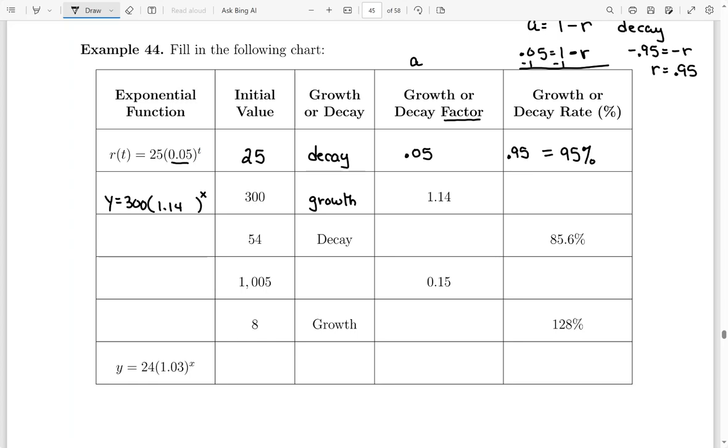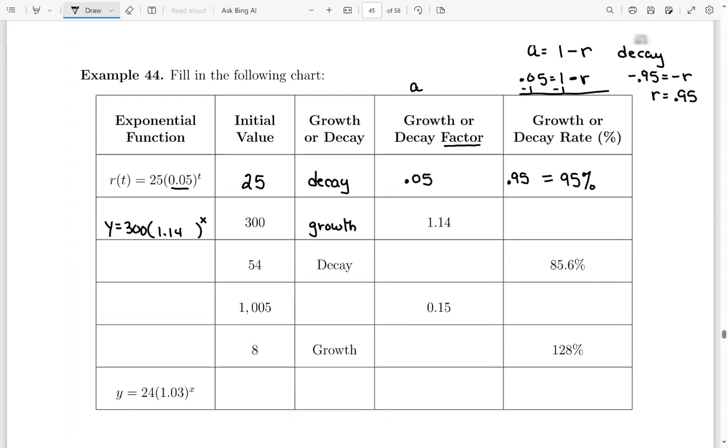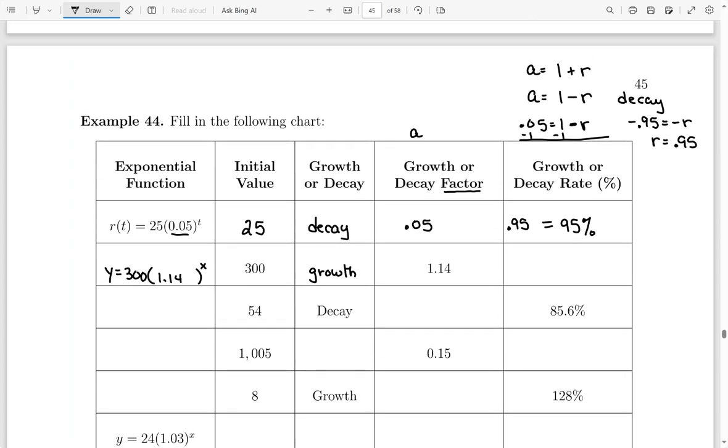Okay. So for this one, since it's a growth factor, we're going to use this formula for growth to find the rate. So again, my a is 1.14 equals 1 plus r.